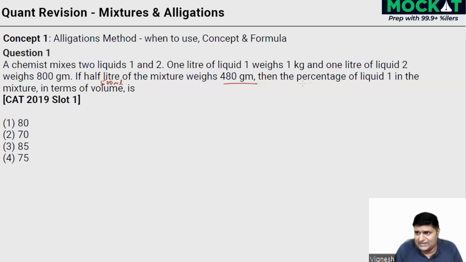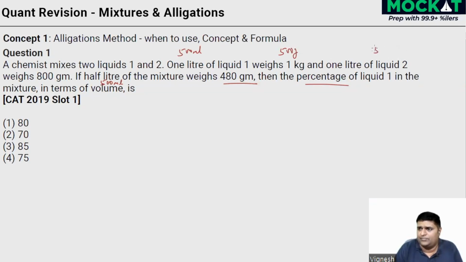So now what is asked is in percentage terms, and that's it. So what I will do is I'll either convert this to a full liter and compare, or I'll convert these to half liter and see what we are getting, right? So I might want to just convert these to half liter, the other two. So half liter over here, that is 500 ml, is going to give me 500 grams.